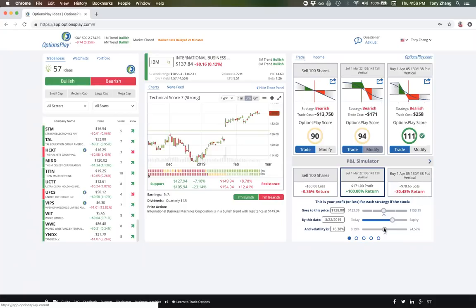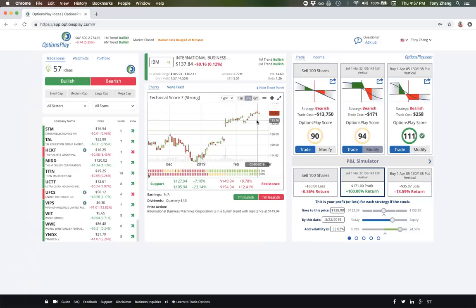Because no matter how low volatility is, even if volatility expands from 16% and grows by 50%, to 24%, you're still losing money when the stock doesn't move anywhere. That's why you want to optimize your strategies based on your directional outlook and not just your volatility outlook. So now let's look at what happens if IBM does pull back.